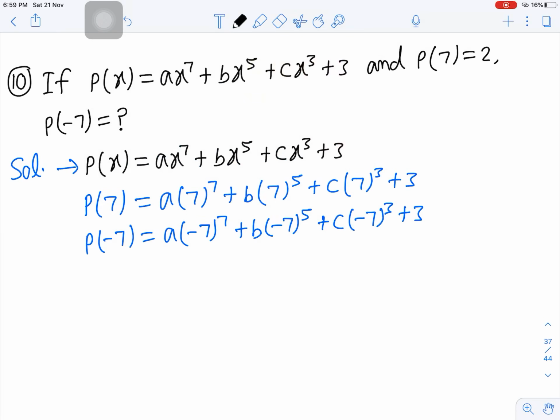Okay, now p of 7 is given as 2 and we have to find p of minus 7. So add both the equations. So when you add both the equations, you will get p of 7 plus p of minus 7.